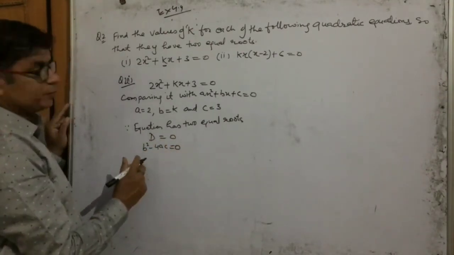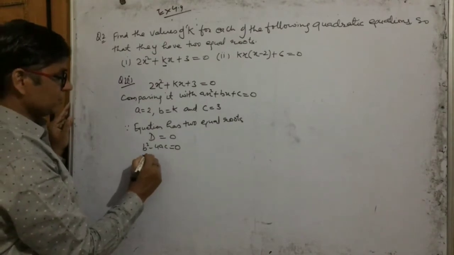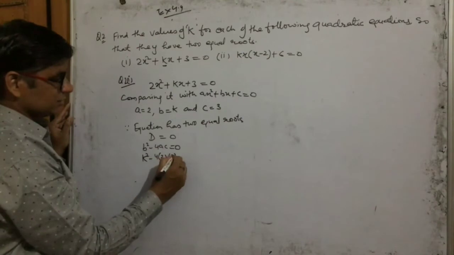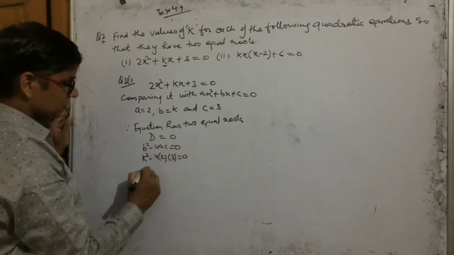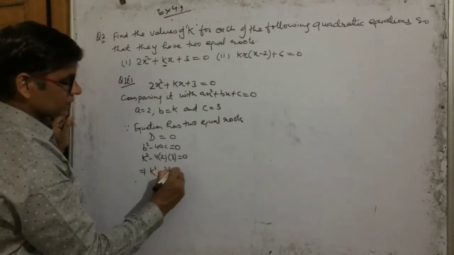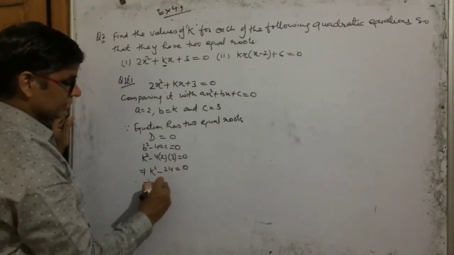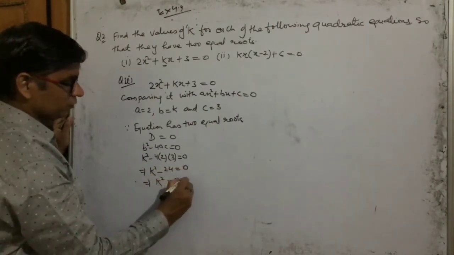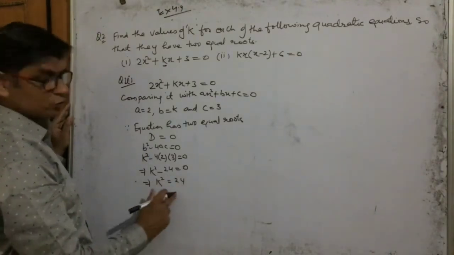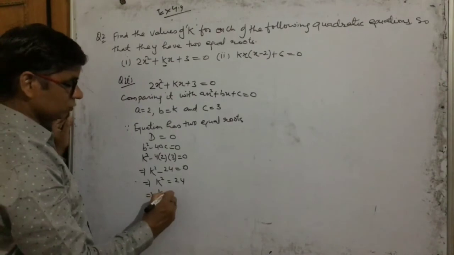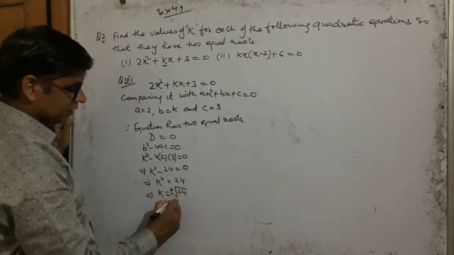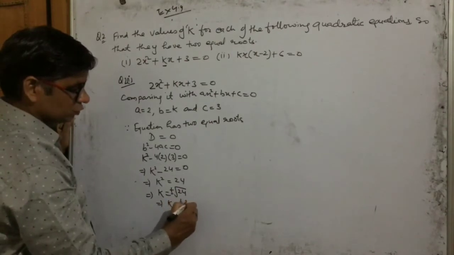Placing the values, b is k, a is 2 and c is 3: k square minus 4 times 2 times 3, which is 24, equals 0. So k square equals 24. We have to find the value of k, so taking the square root on both sides, k equals plus minus root 24. So k equals plus minus 2 root 6.